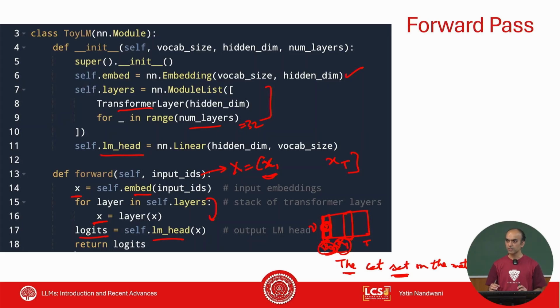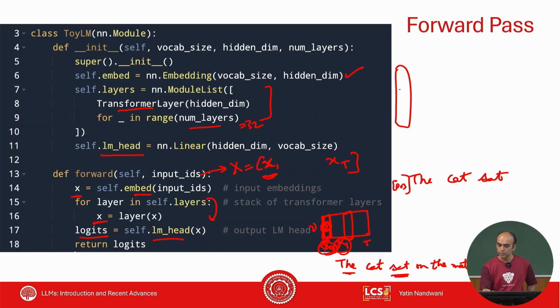Now when I pass the partial sentence "the cat sat" through the model, it is going to give me the probability at BOS. It's going to give me the probability for the token "the". It will be very high because this is the only sentence that we have trained it with.